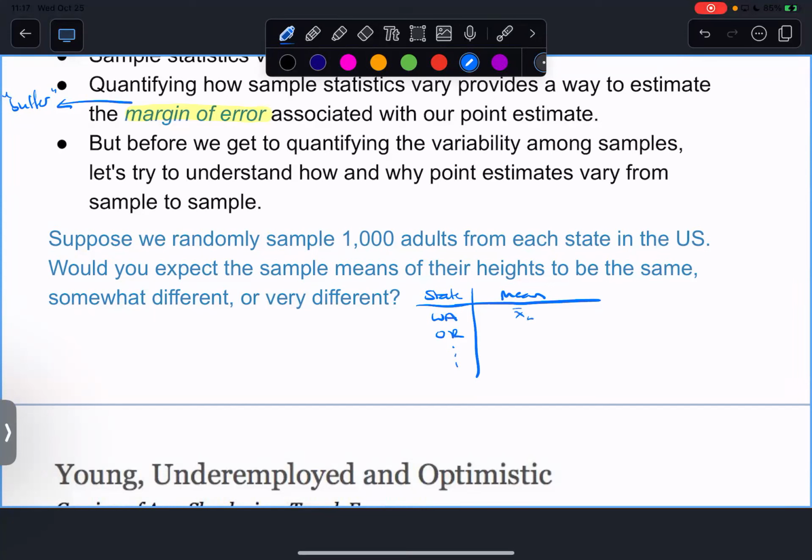So X bar Washington, X bar Oregon, because I don't want to think about actual numbers. X bar just indicates that that's a sample mean. Anything with a bar over it is a sample mean. Here's the mean from Washington, here's the mean from Oregon, and so on and so forth. But what happens here is now you have a sample of means.